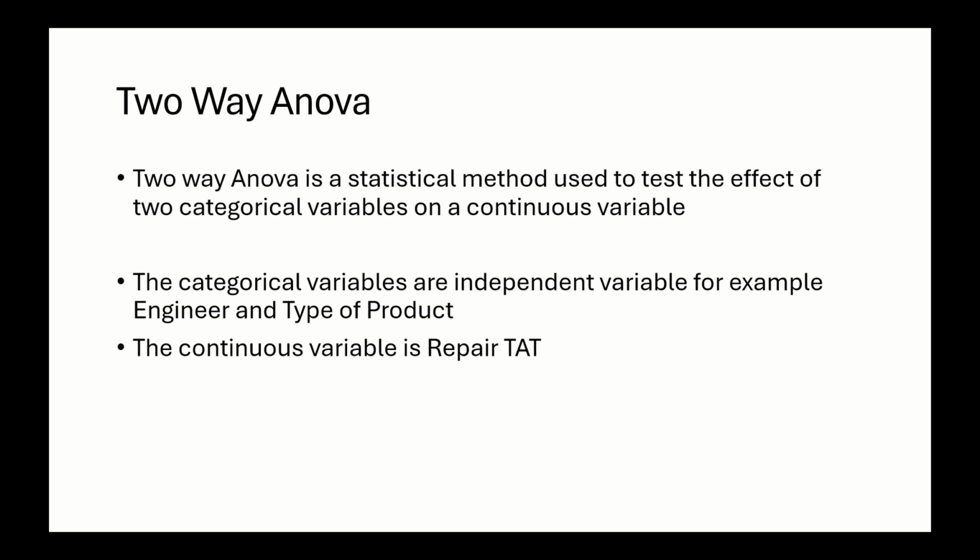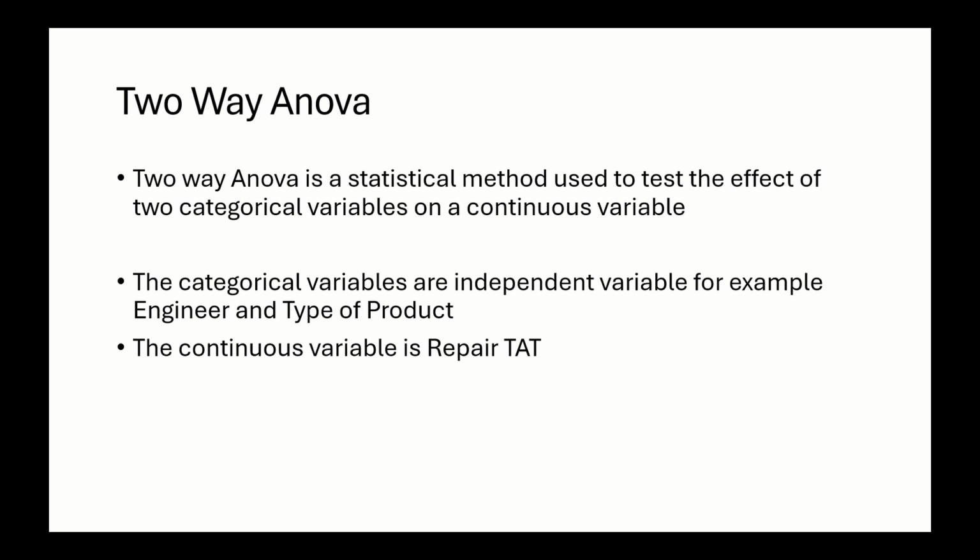The interaction of the two independent variables, which is engineer and the product type, will be tested with repair turnaround time. So two-way ANOVA will test two things. One is the individual impact of engineer on repair turnaround time, whether one engineer is taking more or less turnaround times to repair any product. And there is a product type as well, like four product types.